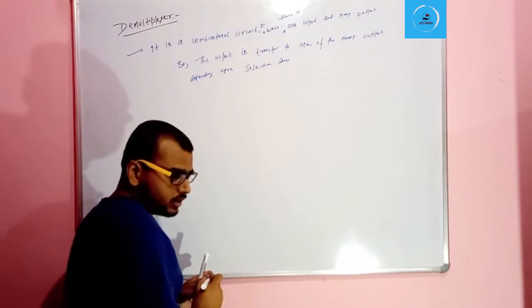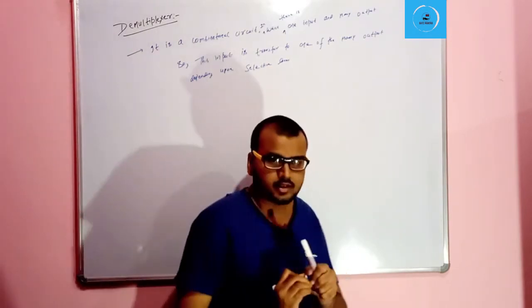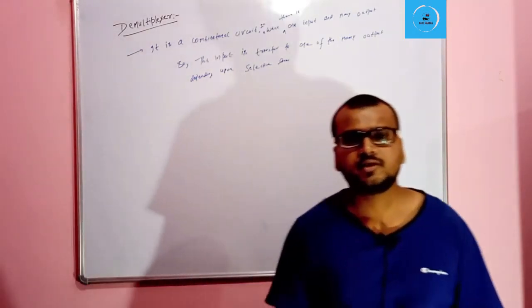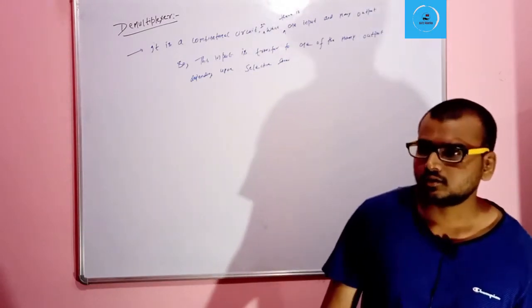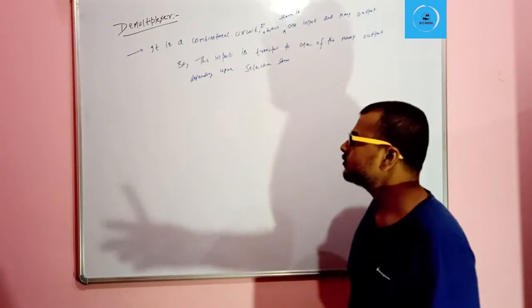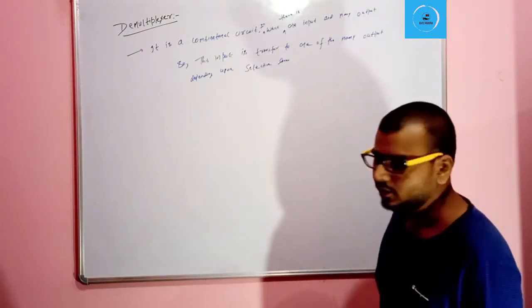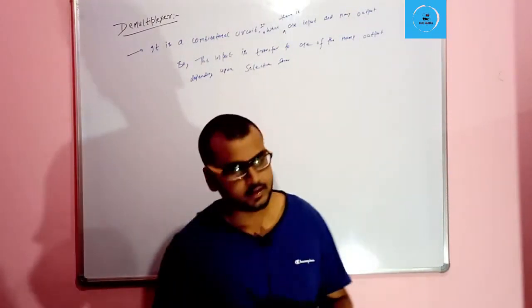So what is the demultiplexer? Demultiplexer is a combinational circuit in which there is one input and many outputs, and the one input is transferred to one of the many outputs depending upon the selective lines, okay.